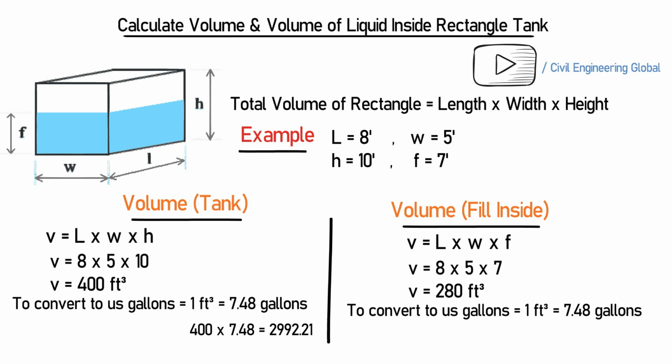So this will become 280 multiplied by 7.48, which will give you 2094.55 US gallons. So this is the volume of the liquid in US gallons, how much liquid is inside, and this is the volume of the tank in US gallons.